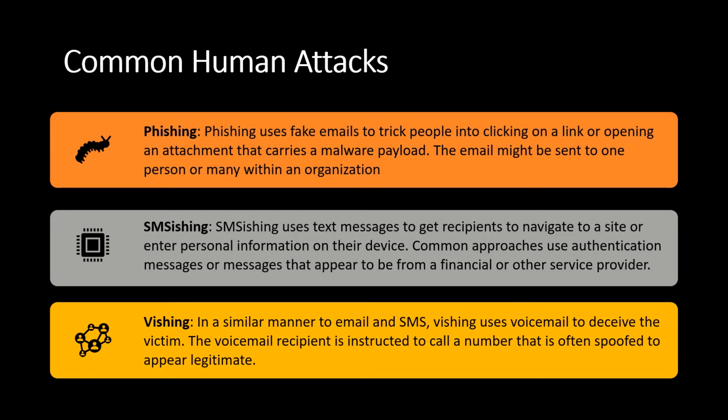Examples involve authentication messages or messages that appear to be from a financial or other service provider. The next form is called voice phishing, where the cybercriminal sends an attack using voicemail. The user is instructed to call a phone number that is spoofed to appear legitimate. The attacker can get private information in order to steal or cause identity theft.